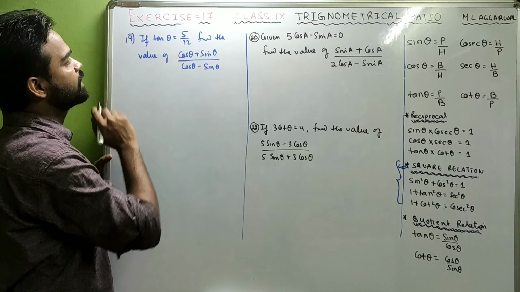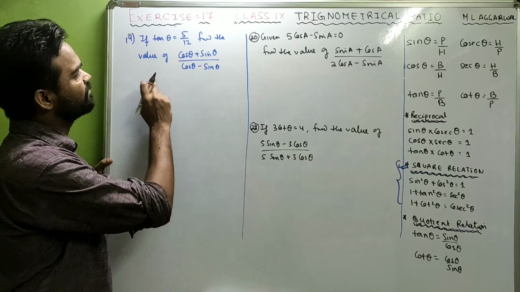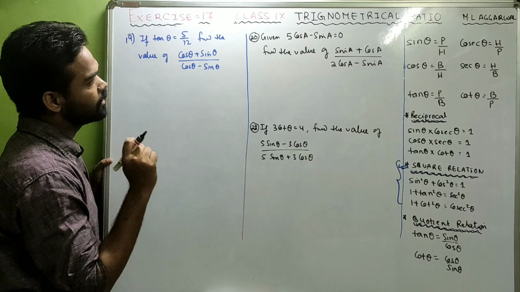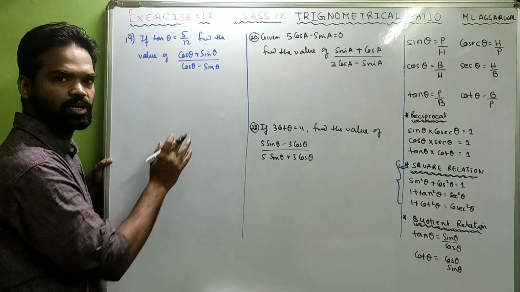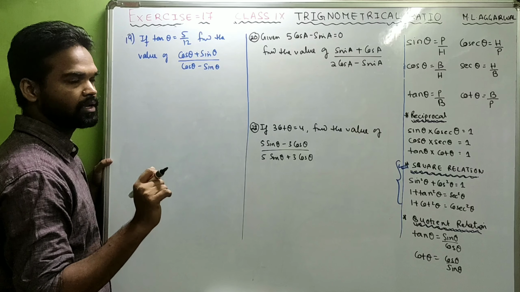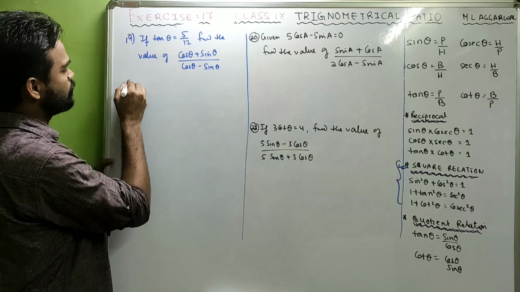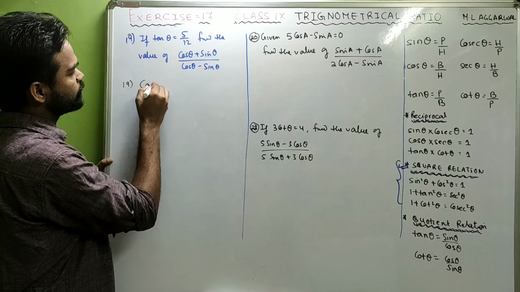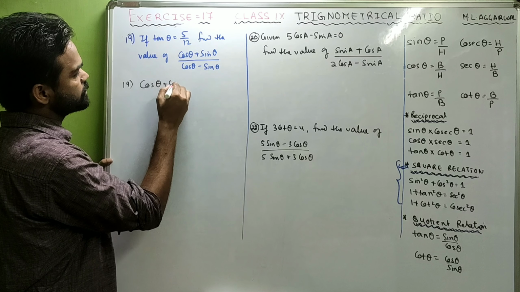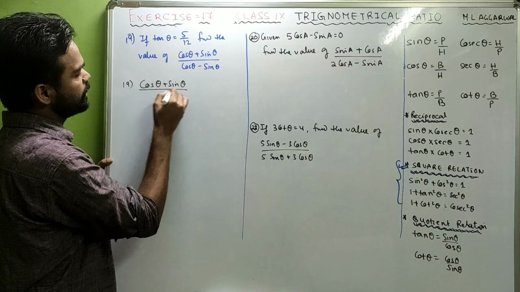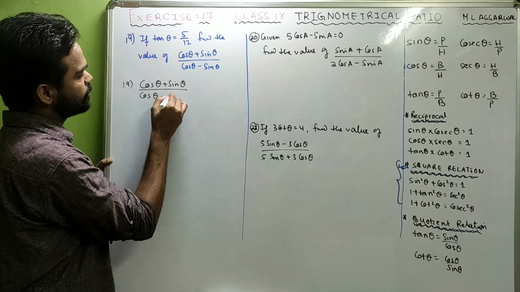Very nice sum. If tan theta is 5 by 12, find the value of cos theta plus sin theta by cos theta minus sin theta. You can do it by triangle method, but again, that will be time consuming. Look over here. They have told us to find cos theta plus sin theta by cos theta minus sin theta.